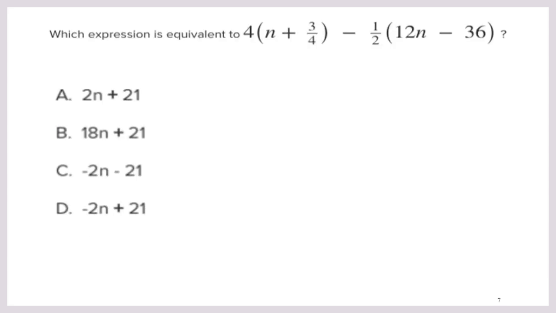Okay, we have our expression. All right, Noelle. So I did 4 times n, and 4n plus 4 times 0.75, which is 3. So 4n plus 3, and then I got half of 12 is 6, and then half of 36 is 18.